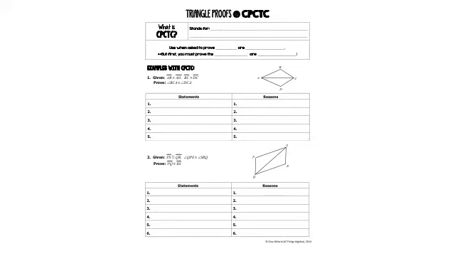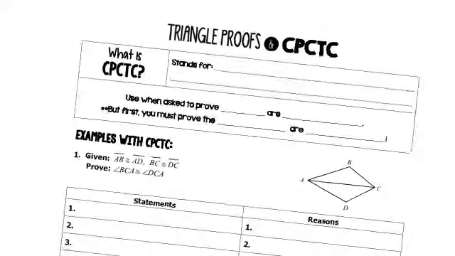All right, we're going to talk about CPCTC, and actually, I did put this in your packet. I didn't think I did, but if you go to the second to last page, I put the notes in there.